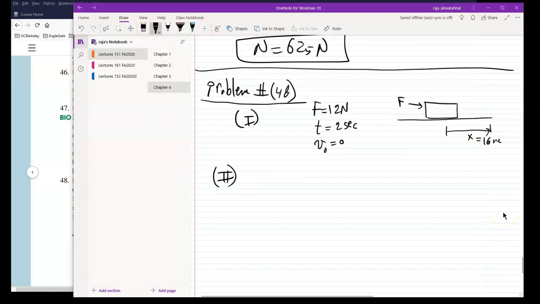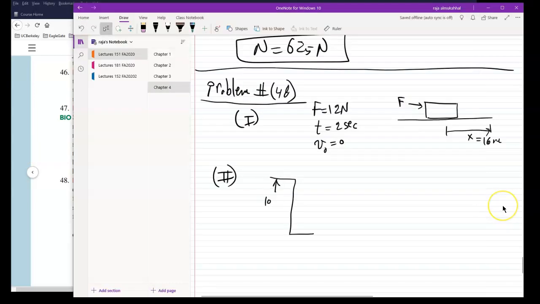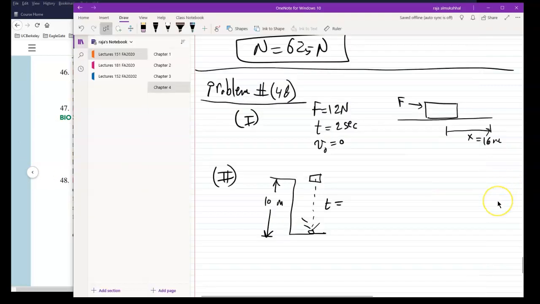So here is another picture for you. Here is the height of 10 meters, free fall. We're doing free fall kinematics here. Here's the tool, and it crashes here. And it takes a time of 2.58 seconds.